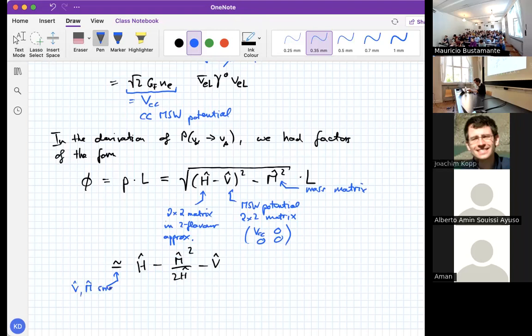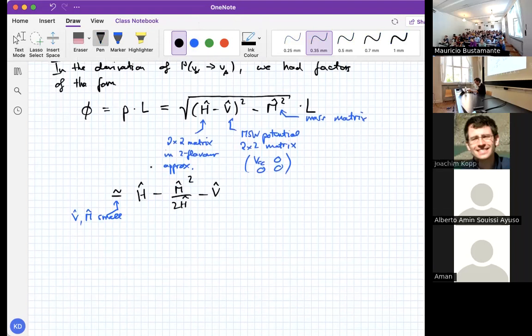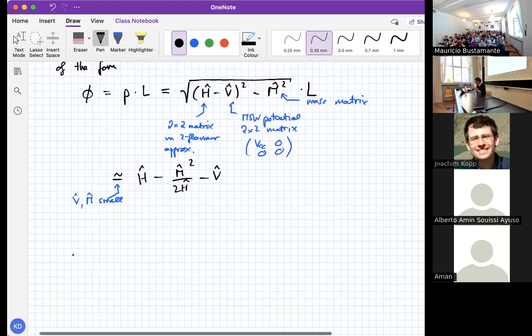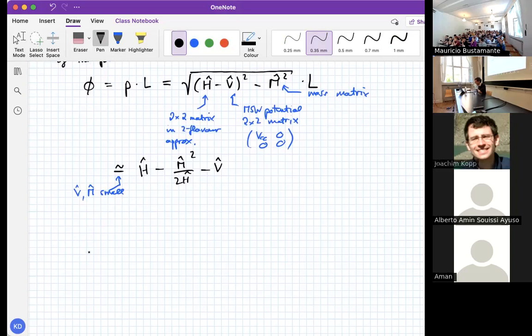V is still small because it's still a weak interaction; after all, there's still a Fermi constant suppression. All I'm going to do now is write this out in 2 by 2 matrix notation, because that's what we need in the exercises. In the exercises, we will see how this change in the oscillation phase actually changes the oscillation probability.